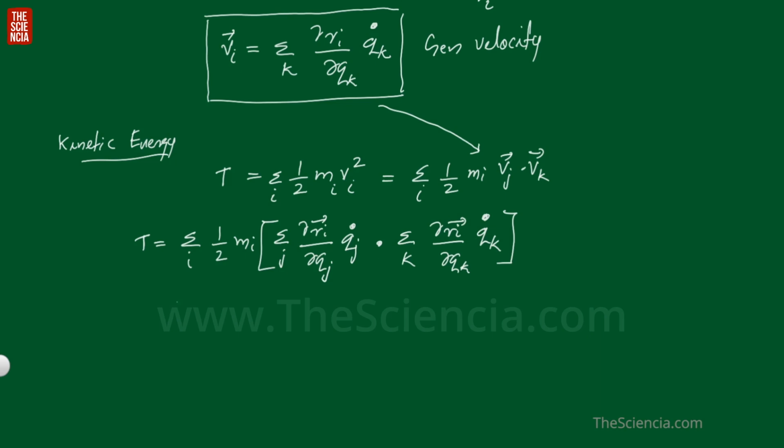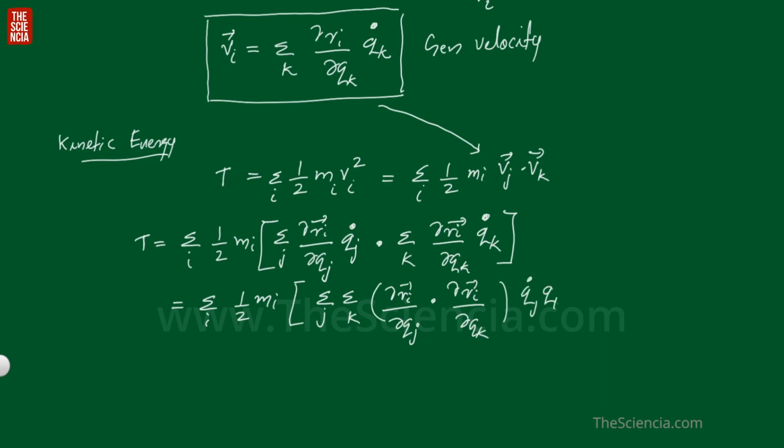So I am rewriting this equation, that is summation over i of 1 by 2 mi into summation over j summation over k of dou ri vector by dou qj dot dou ri vector by dou qk into qj dot qk dot.